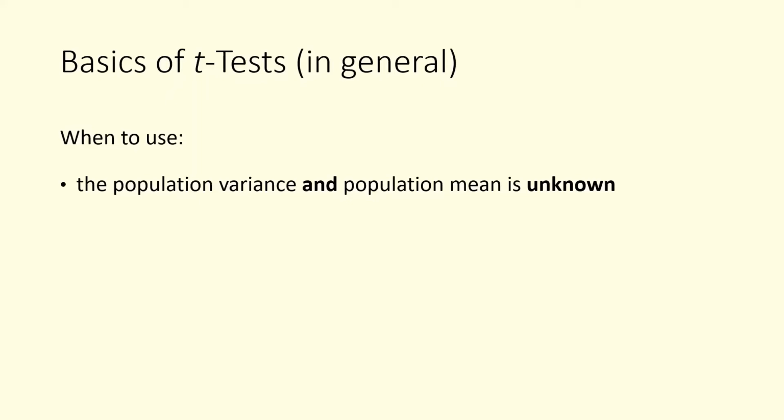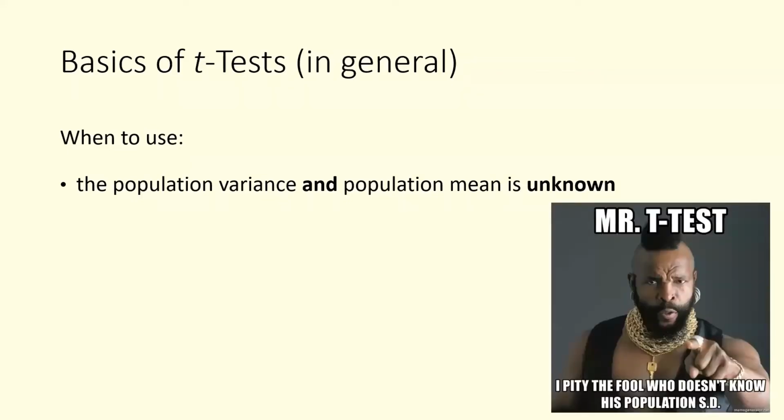The thing that marked a z-test, those tests that we already did, is that we ran those z-tests because we knew our population mean and variance. But we said that that's actually a really rare situation. When we don't know our population variance and population mean, more than likely, we're going to be using a t-test instead.